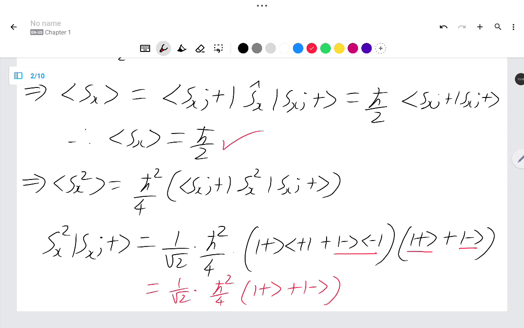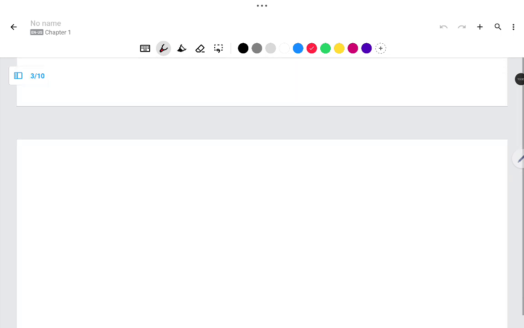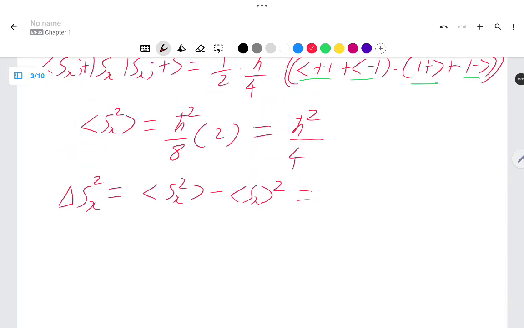This is h by 2, sorry. So we have h squared by 4 minus (h by 2) squared, which is 0.